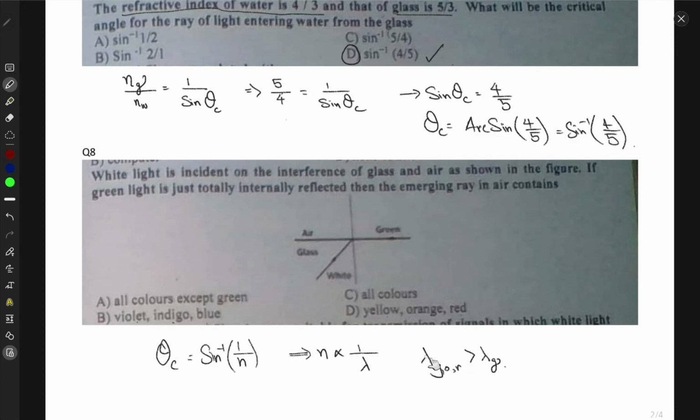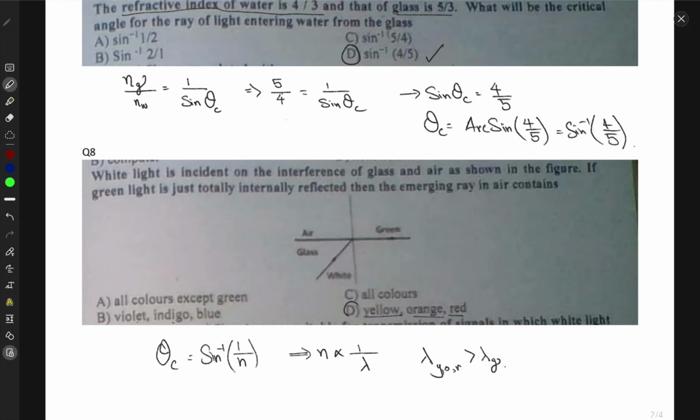Hence, if green is totally internally reflected, then the only lights that would be visible, or that would emerge out, would be the rays of yellow, orange, and red.